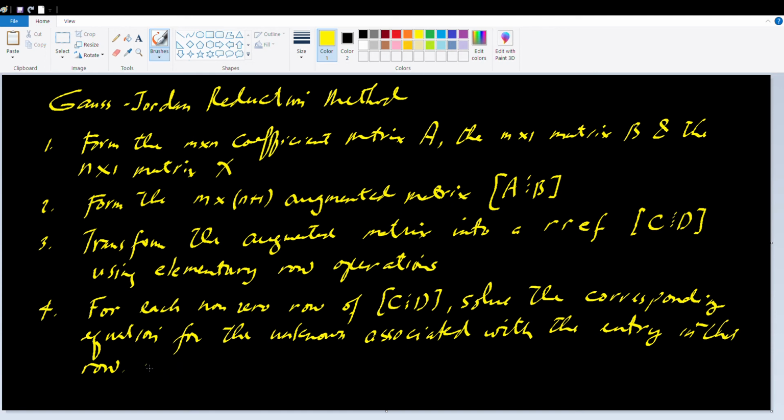Rows consisting entirely of zeros can be ignored.